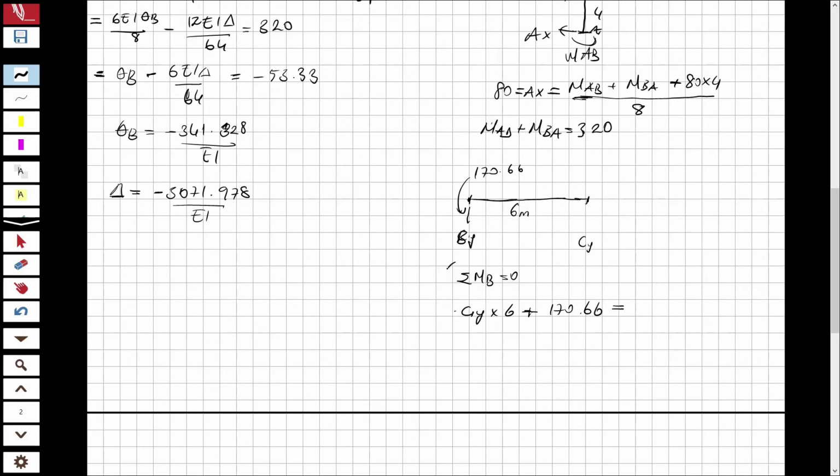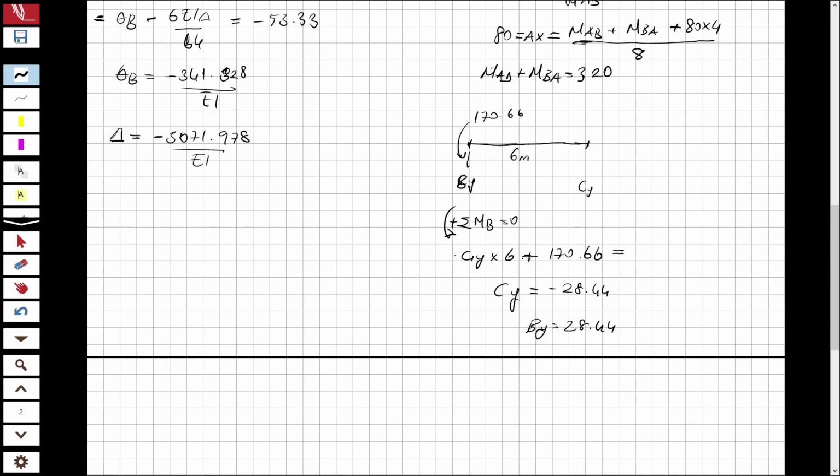Now this is the positive way actually. And now I obtain Cy as minus 28.44, and By is equal to the positive of that. Now I obtain all the shears.